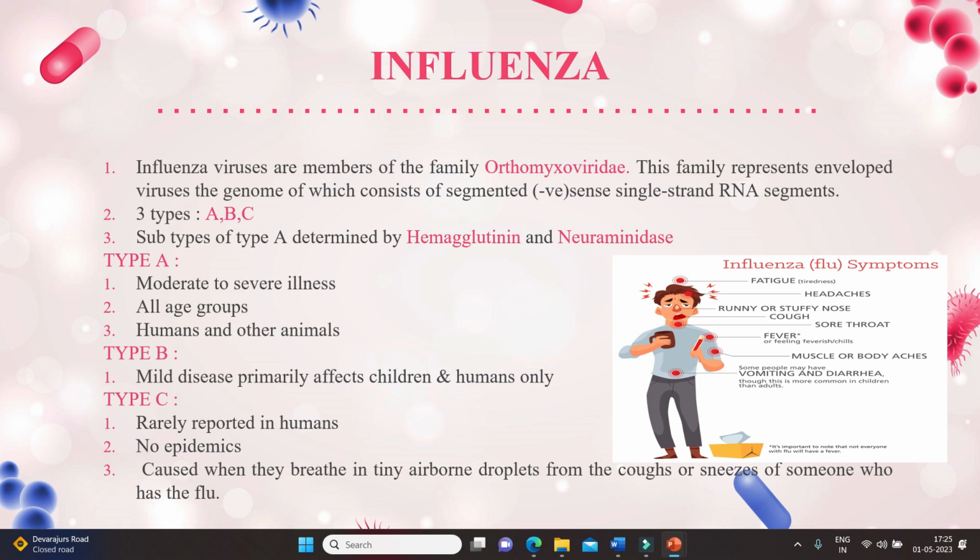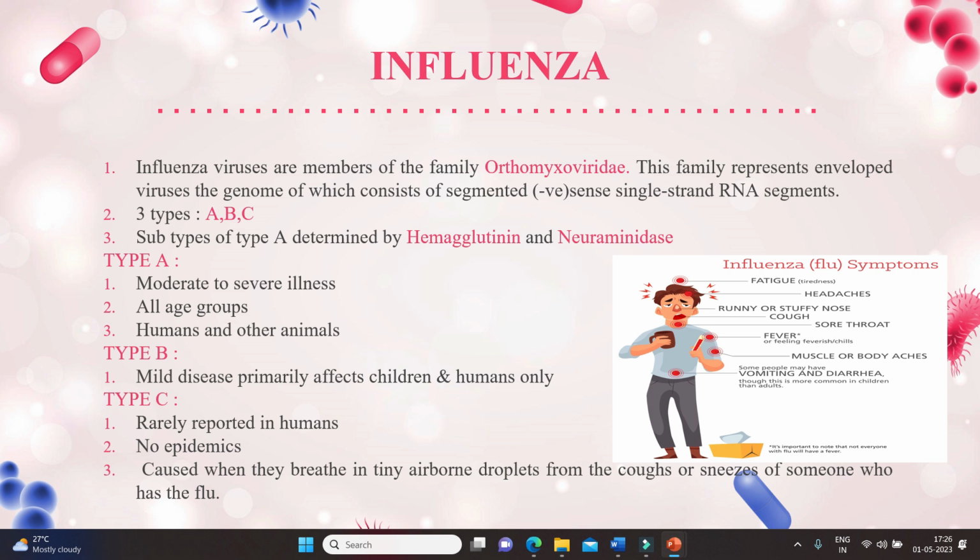Type A causes moderate to severe illness, affects all age groups, and humans and other animals are affected. Type B is a mild disease, primarily affecting children and humans only. Type C is rarely reported in humans. It is caused when people breathe in tiny airborne droplets from the cough or sneezes of someone who has flu.